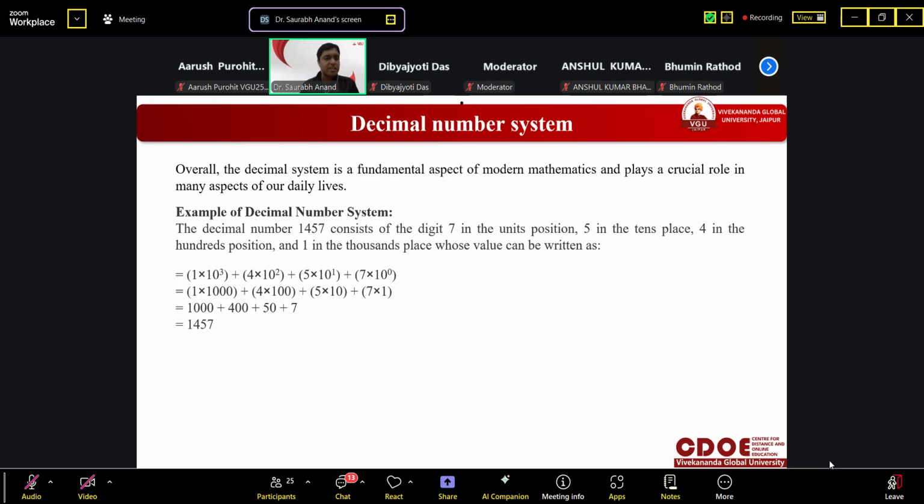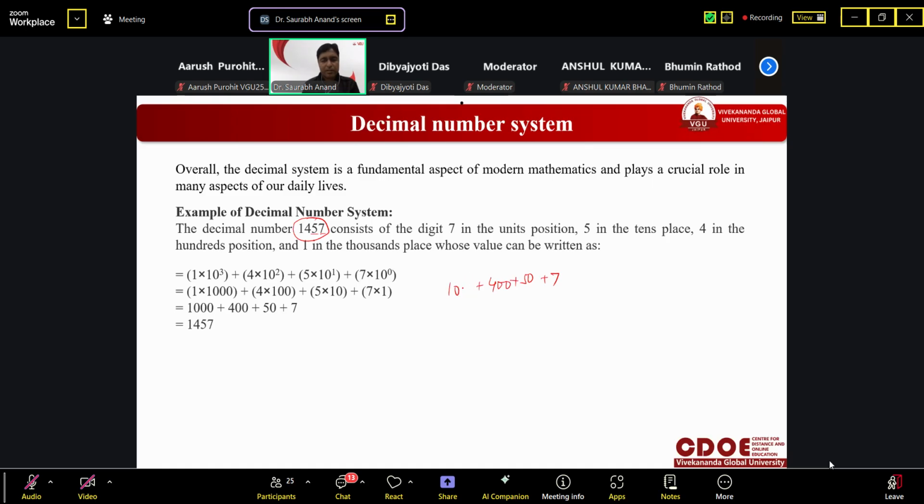This is the same thing, for example 1457. Obviously it will be 7, it will be 50. You can write directly because you are graduates. It is 400, it will be 1000.